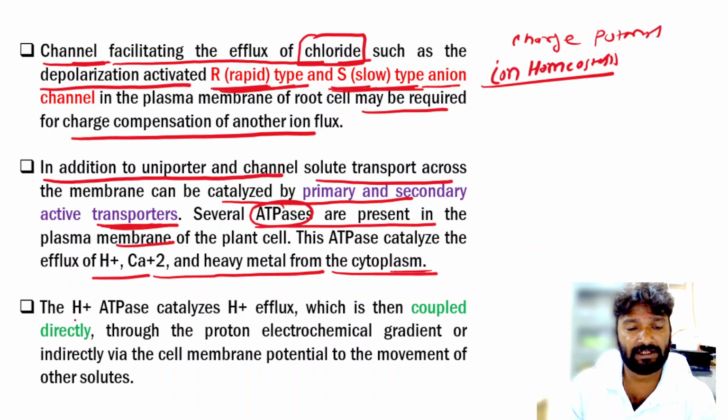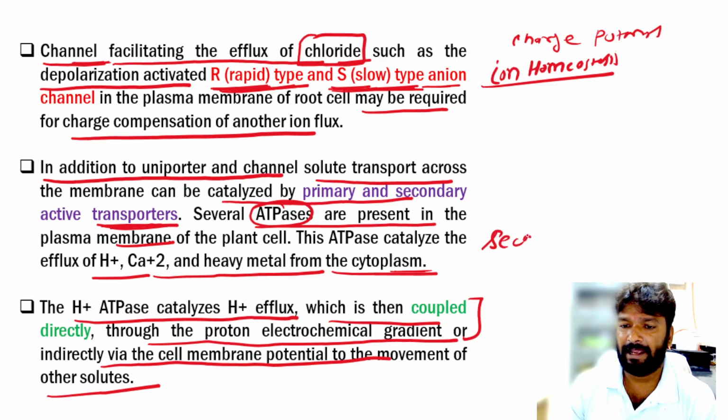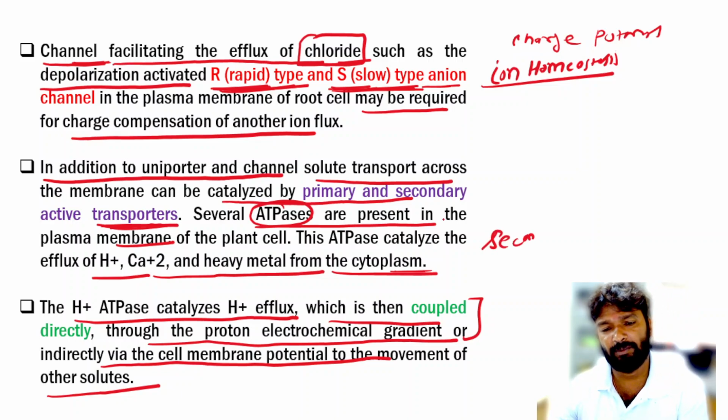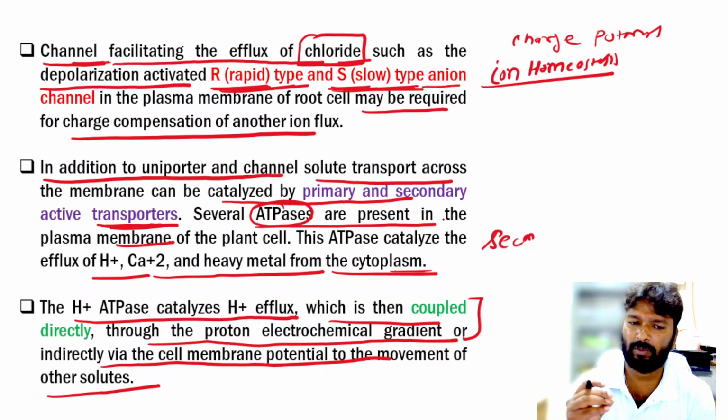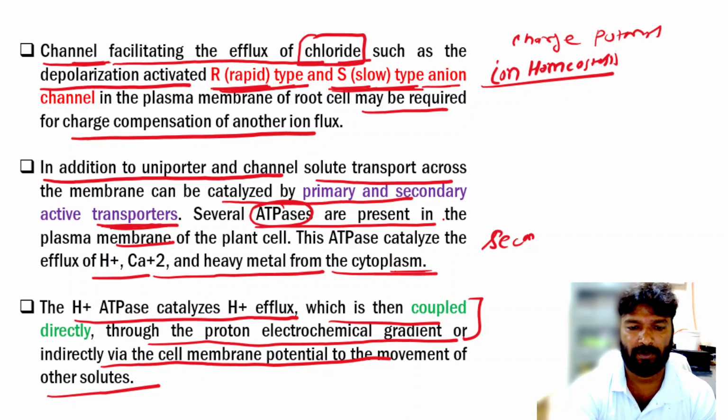The H plus ATPase catalyzes the H plus efflux, which is then coupled directly through the proton electrochemical gradients or indirectly via cell membrane potential to the movement of other solutes. So these are known as secondary active because they are not directly involved. ATP is not directly involved in the transport of this channel. Okay. This transporter.